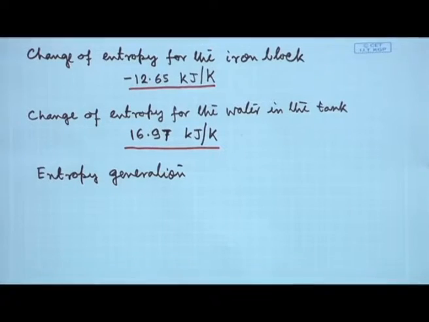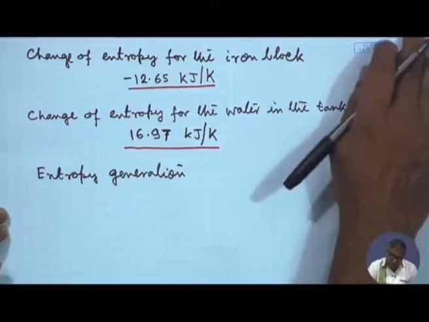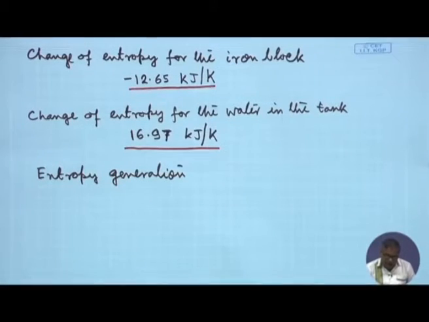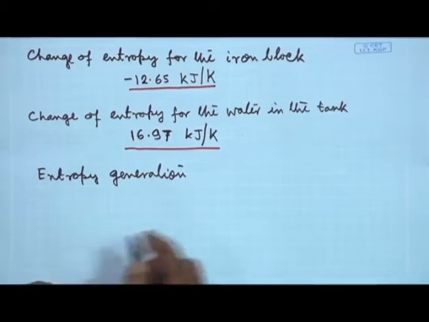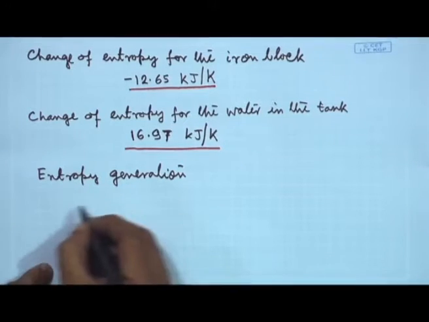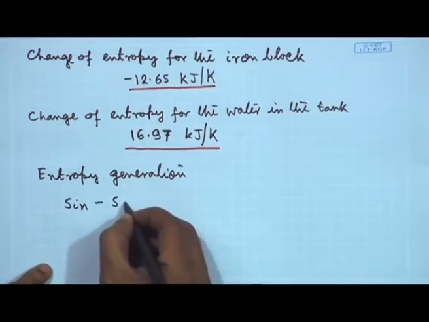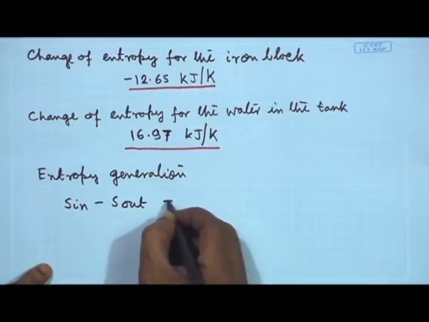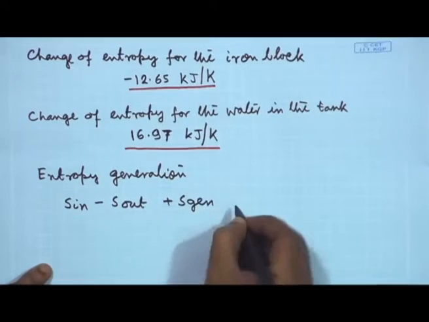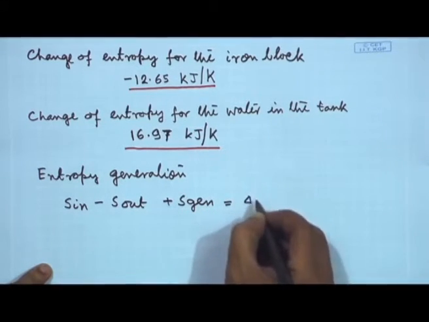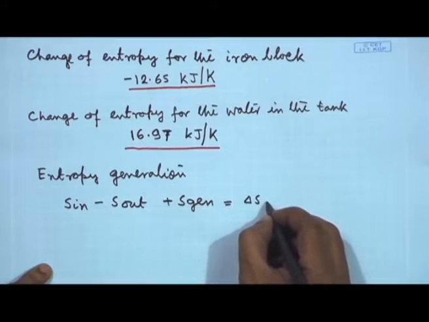We can use an entropy balance equation, considering iron and the water as two separate systems. So, let us do it by any of these methods. The entropy balance equation, if we write, is S in minus S out plus S gen is equal to delta S of the system.